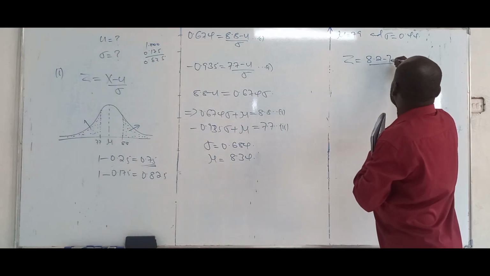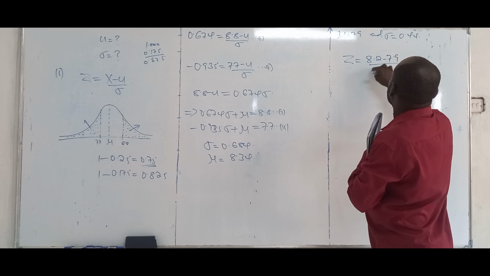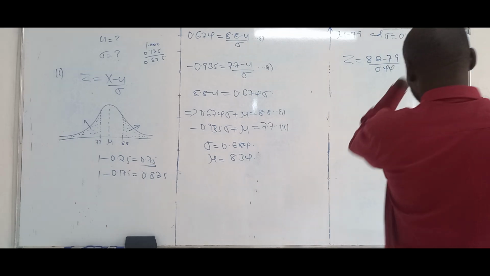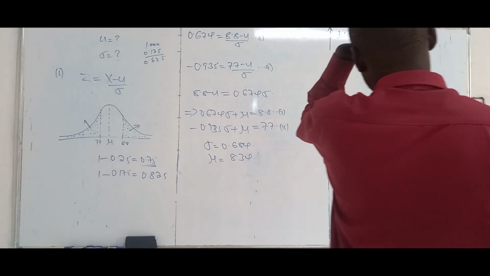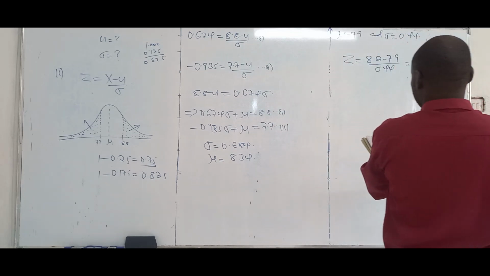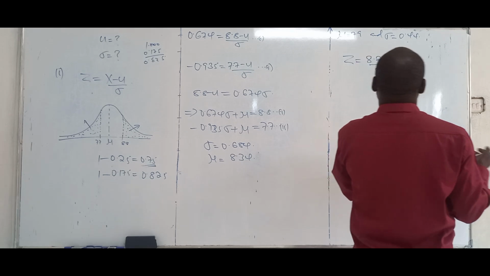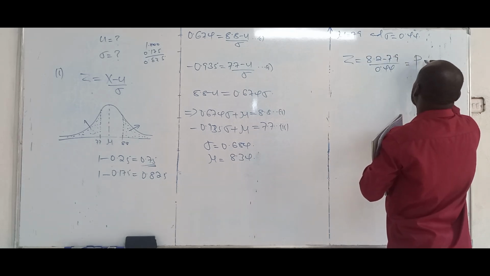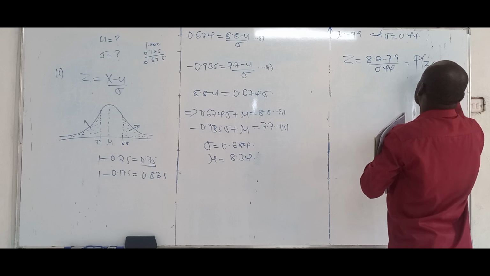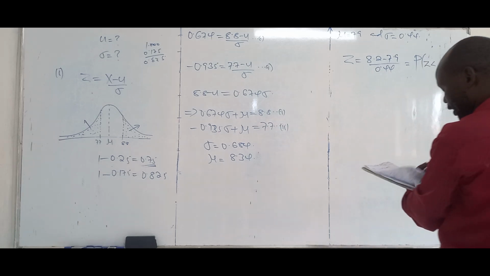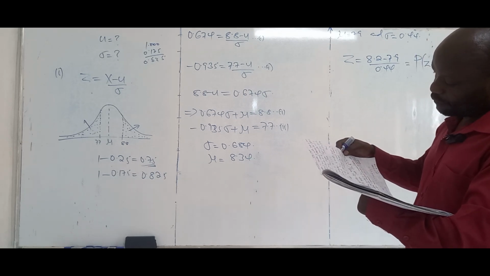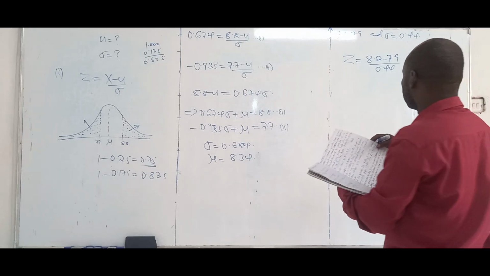It is 8.2 minus 7.9 over 0.44. So 8.2 minus 7.9 over 0.44 should give me the probability that Z is less than, because what we required in the first place was to find the probability that exactly 3 of these women have middle fingers shorter than 8.2.